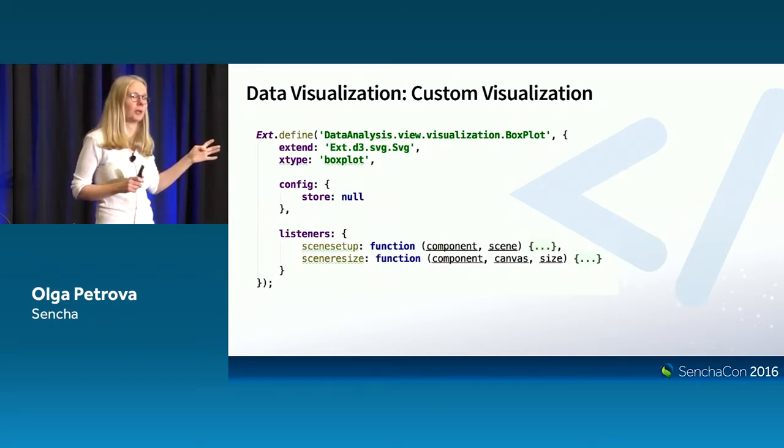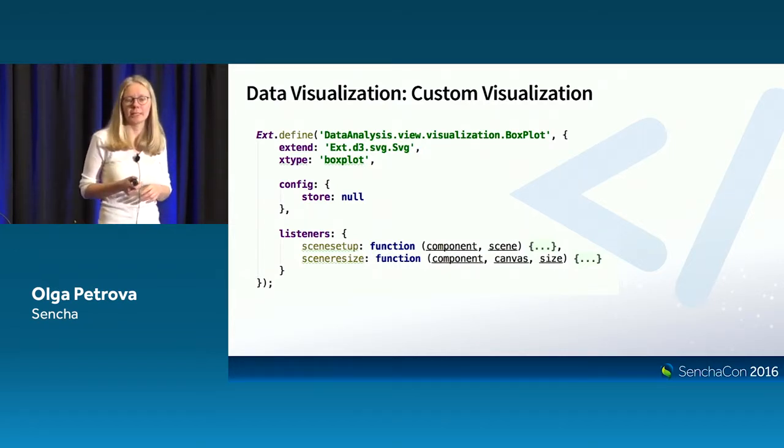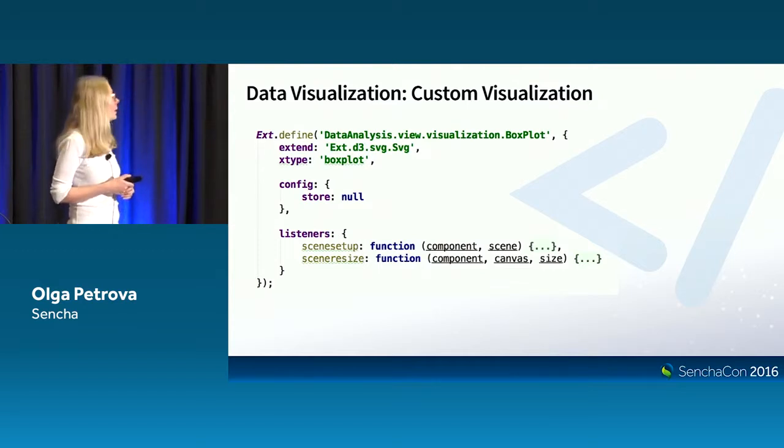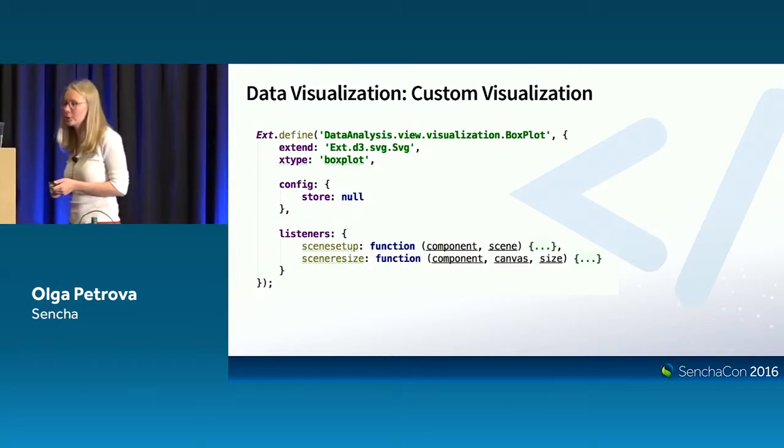Scene setup is fired when the container for your visualization is ready and you may draw it, and scene resize is called when the container is resized and you need to adjust your visualization somehow.